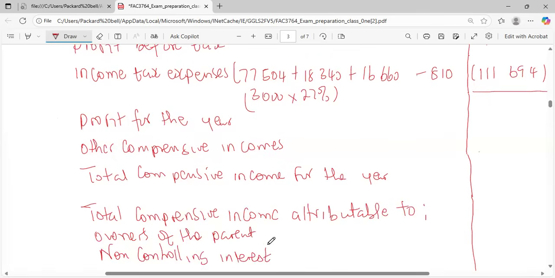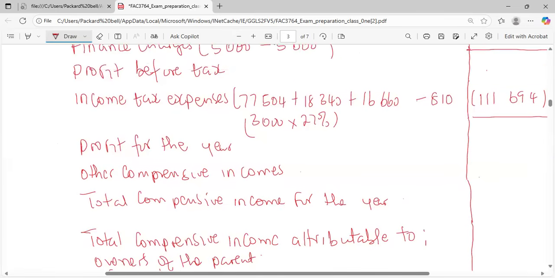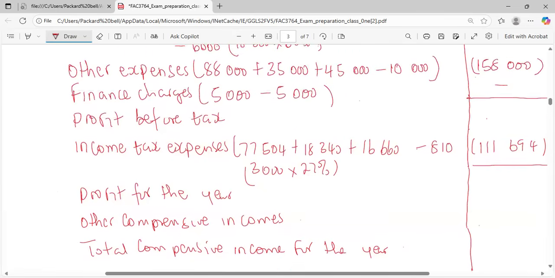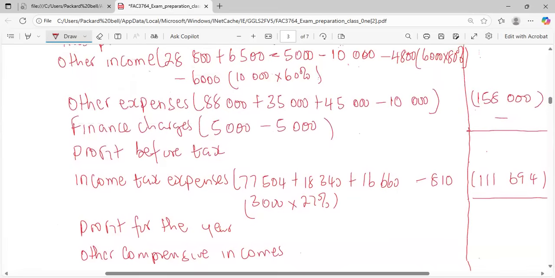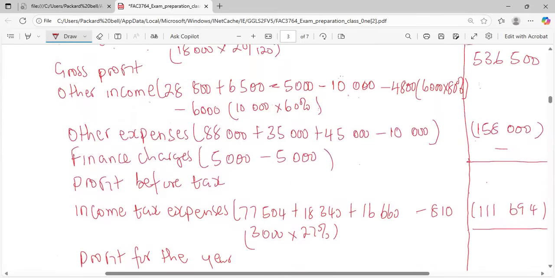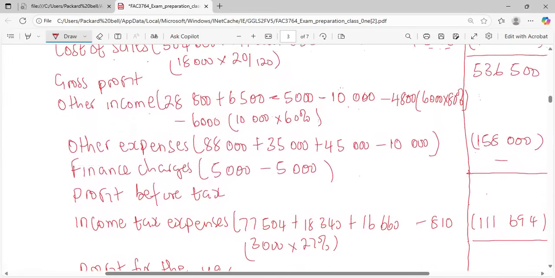So we need the figures for here, here, here, and here, and also here on the other incomes. Profit before tax, we need to finalize there. Then other incomes, we need to see whether we have goodwill or we have gain on bargain purchase. So let's start from there.